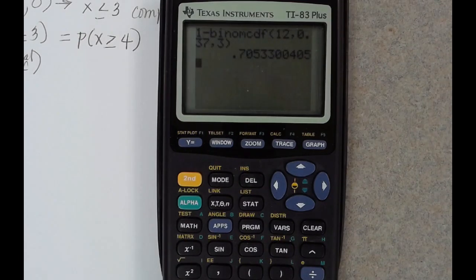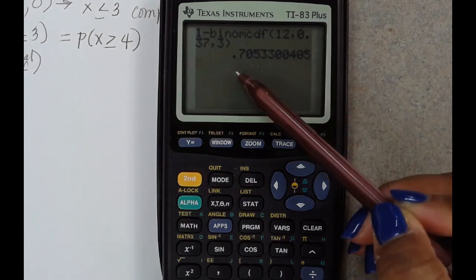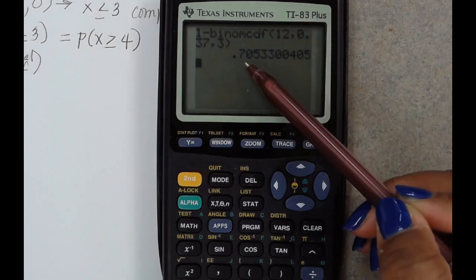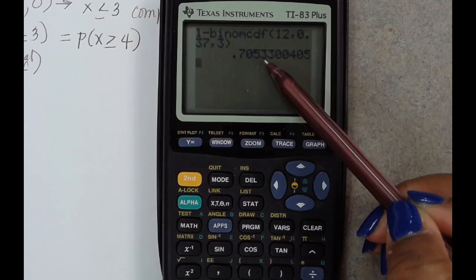Okay, so look at what I'm going to record. 0.7053 is what I'm going to write on my paper.